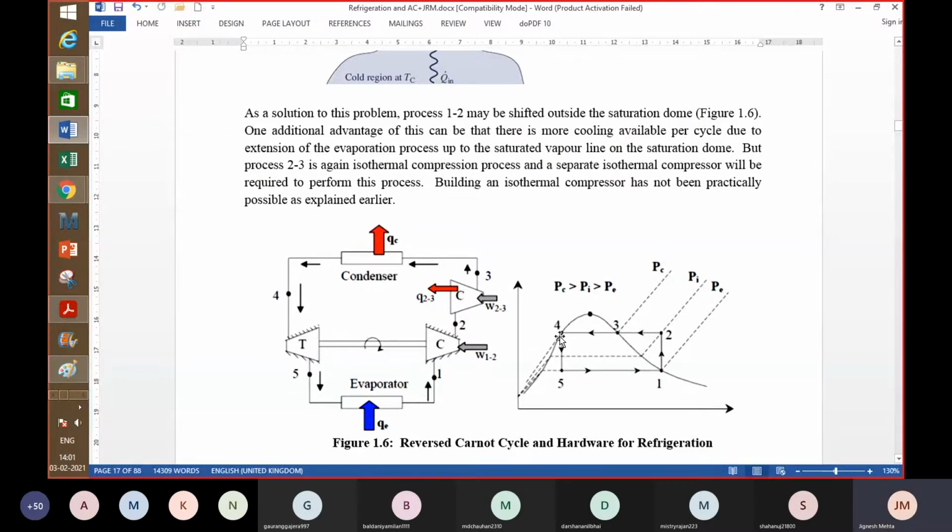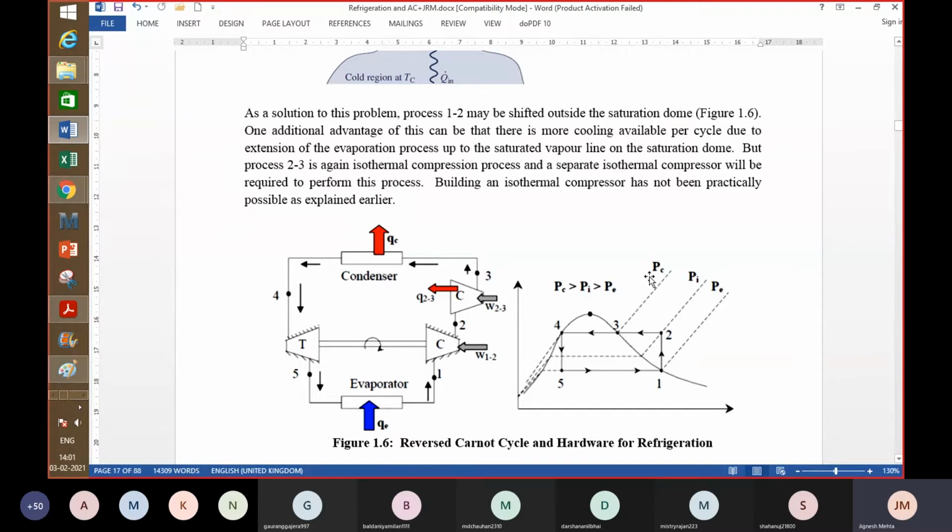Now your earlier process, if you see, the numbers were 3, 4, and here it is 4, 5. So you have to reach this point 4, right? You are at 2 and you have to reach point 4, and you want to do it at constant temperature. So you join those 2 points.